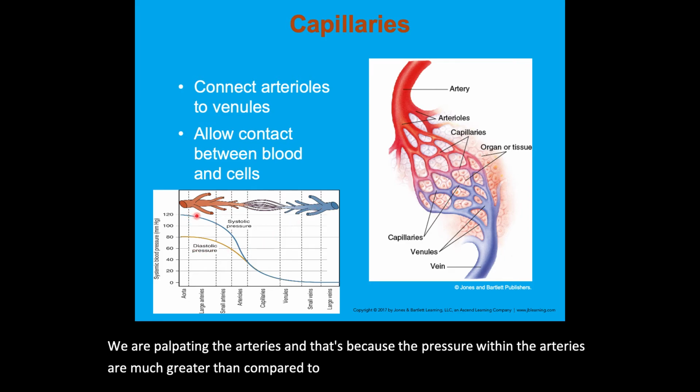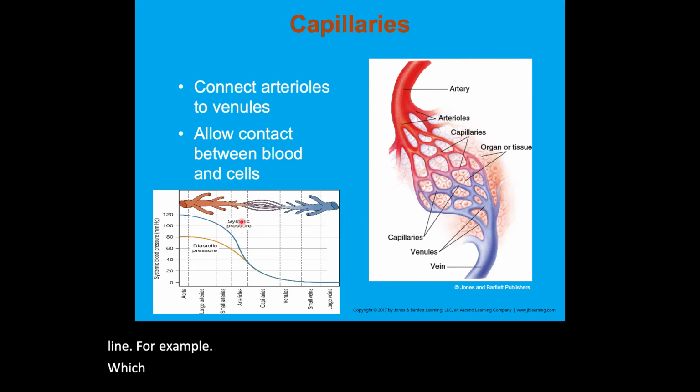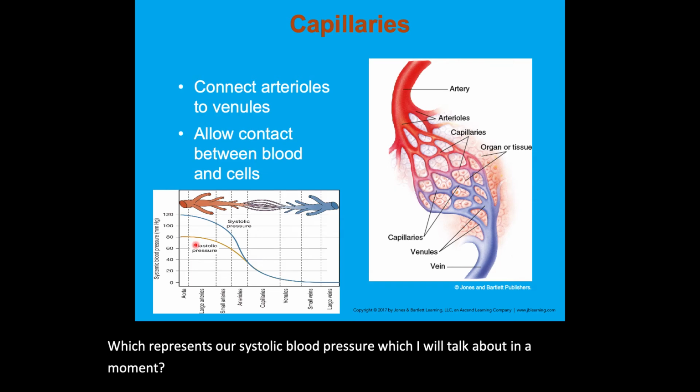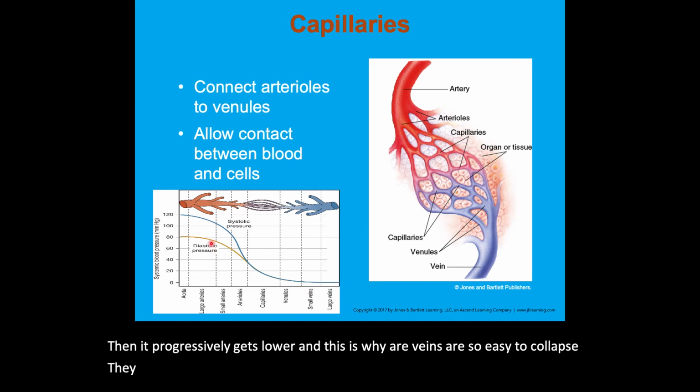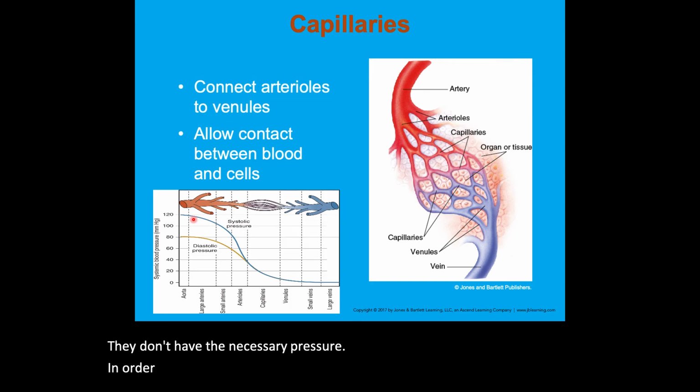So you can just follow this blue line, for example, which represents our systolic blood pressure, which I will talk about in a moment. It's high, then it progressively gets lower. And this is why our veins are so easy to collapse. They don't have the necessary pressure in order to stay up and for us to palpate that pulse.